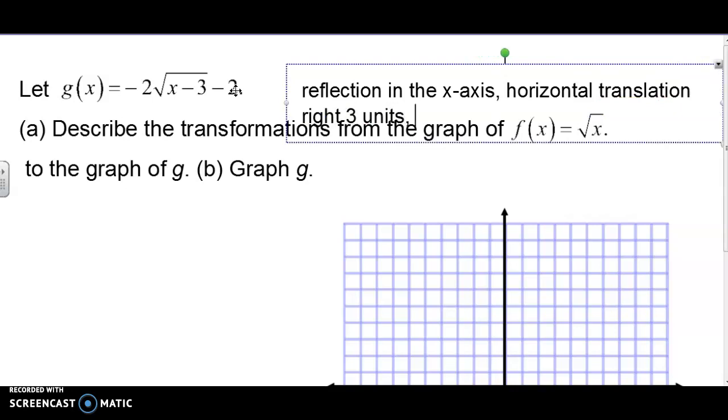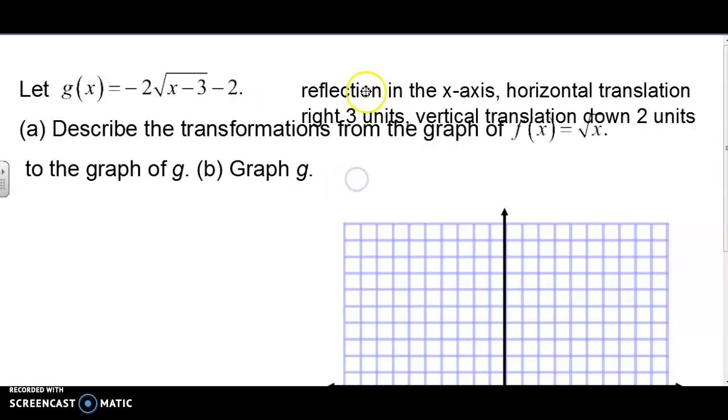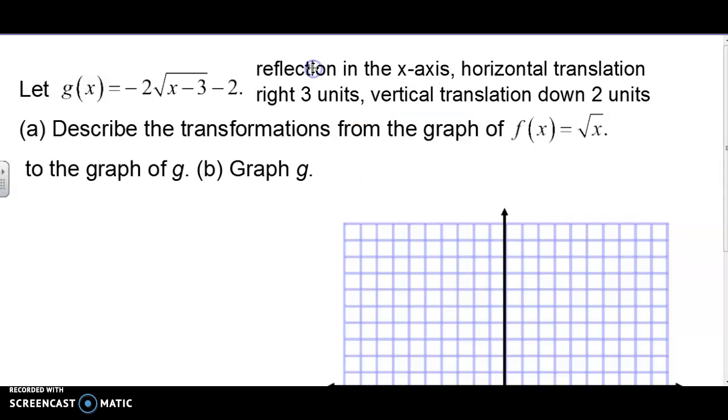And then we are subtracting 2 at the end, so also it is a vertical translation down 2 units. Alright, so that is all of the transformations.